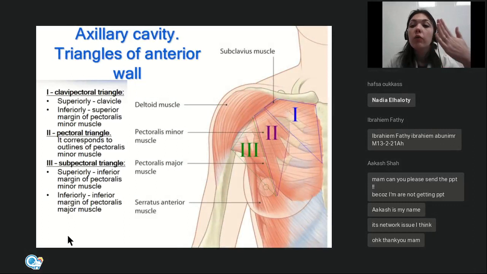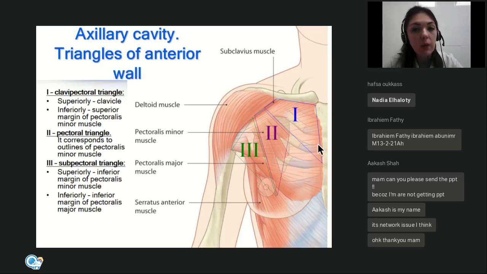Okay, on the anterior wall of the axillary cavity, there are 3 triangles, which we also will use while studying branches and topography of the axillary artery. So 3 triangles: clavipectoral, the uppermost; the middle one, the pectoral triangle; and the inferior one, the subpectoral triangle. The clavipectoral triangle superiorly is bounded by the clavicle, and inferiorly by the superior margin of pectoralis minor muscle.